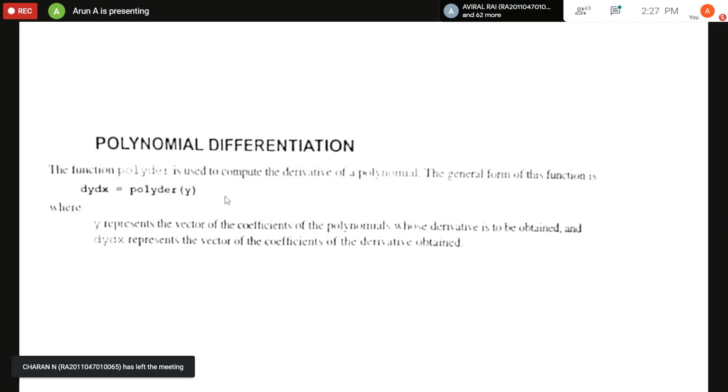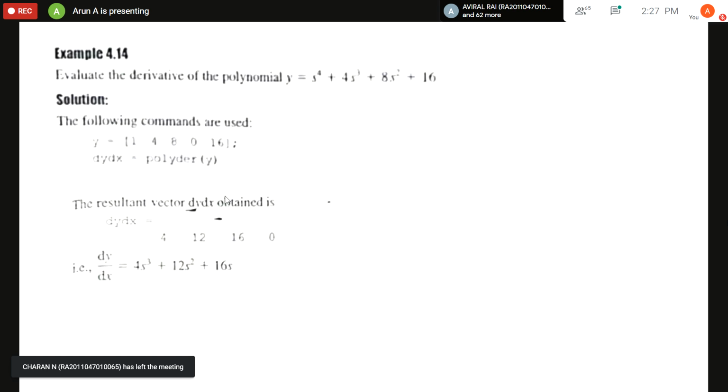So see the question: evaluate the derivative of the polynomial y is equal to 4x cube plus 8x square plus 16. Okay, so there was one question, isn't it, sir? The value is missing. Just check this question. You have presented x cube, x square is there, but obviously x is missing, and we are giving the value of 16.